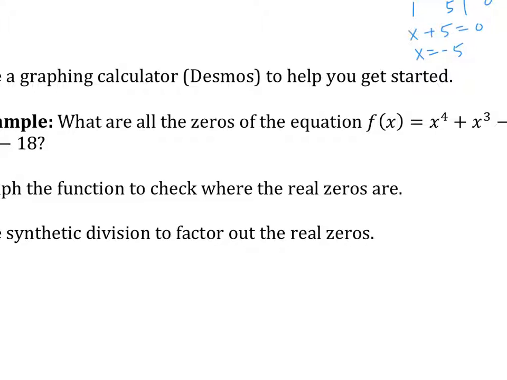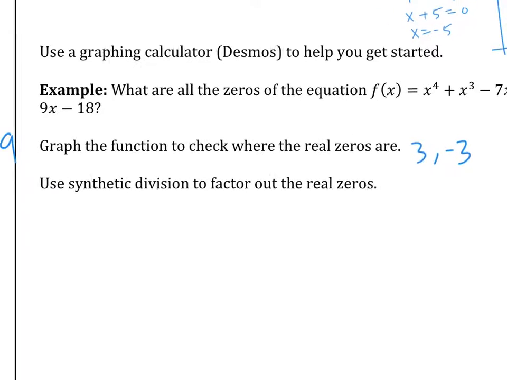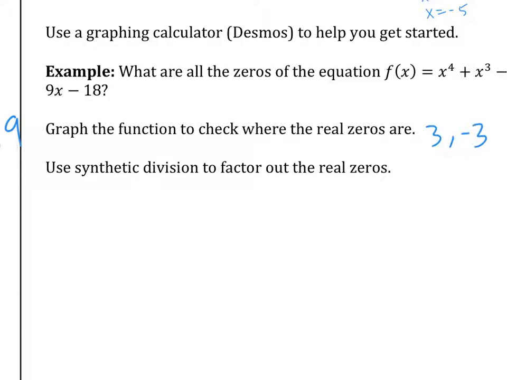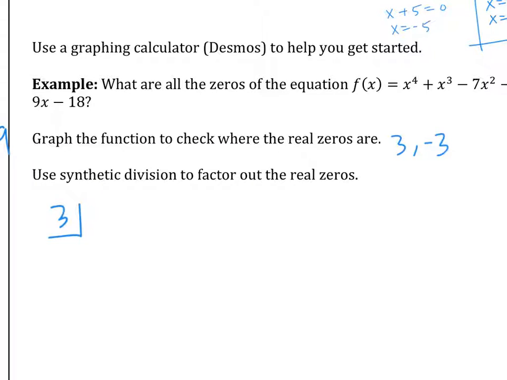So we can just start there. 3 and negative 3. Good. Pretty much exactly like 24. So we are going to start with one of them and use synthetic division to divide it out. So start with 3. It really doesn't matter which one you start with, you'll end up at the same place.